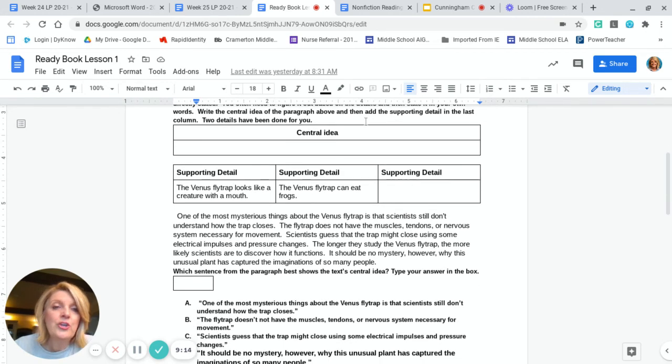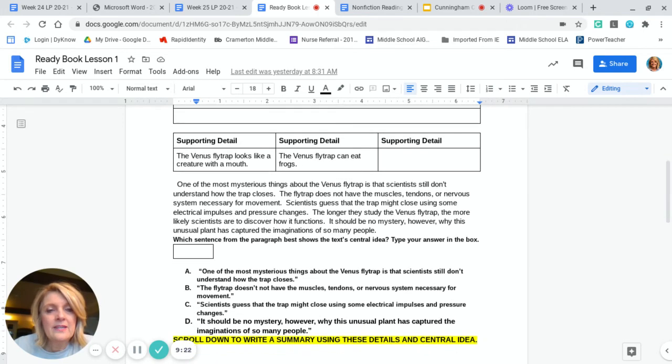Then you're going to read the rest of the passage. There's one more paragraph. Then I've given you an end-of-grade test type question that goes with our standard 2, which is summarizing, and it says, which sentence from the paragraph best shows the text's central idea? So you find the central idea, you look at the details, and then you're able to summarize.